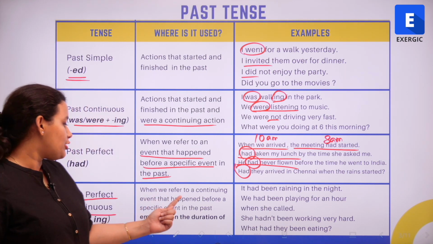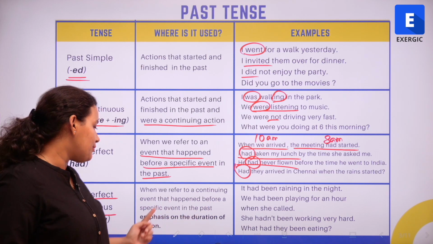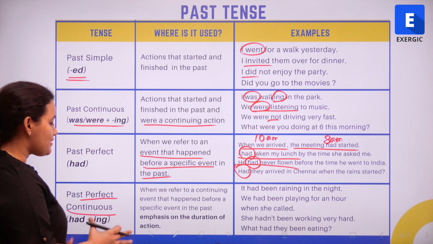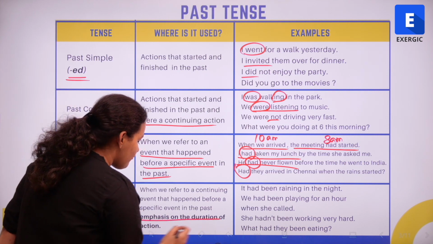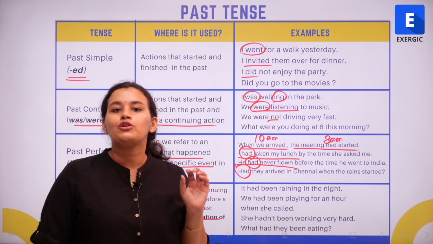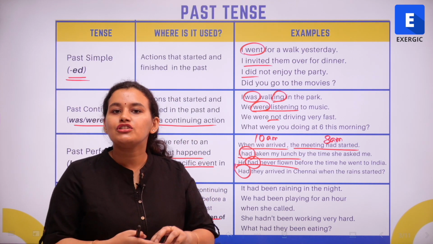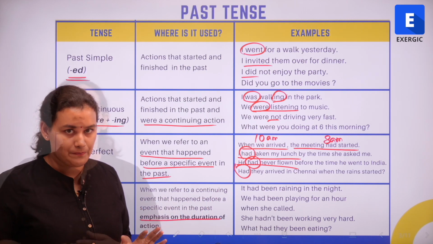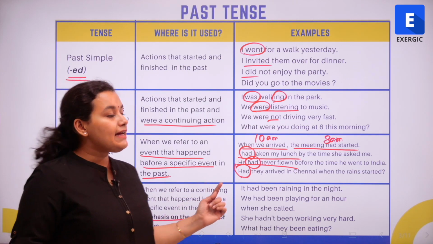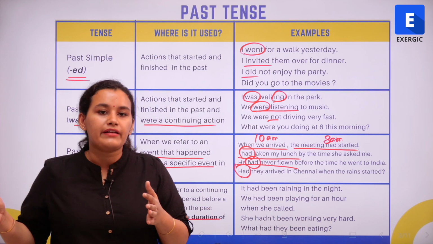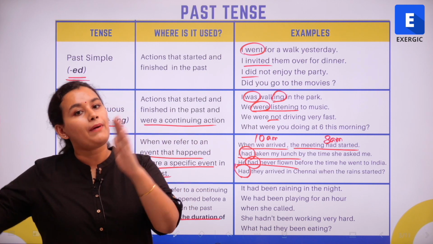So we are referring to a continuing event that happened before a specific event in the past, and the past perfect continuous tense is used when we want to emphasize the duration of the action. So whenever we want to put emphasis on the duration of an action, that's when we use the past perfect continuous tense. So for example, it had been raining in the night. So again, I'm referring to a past action.